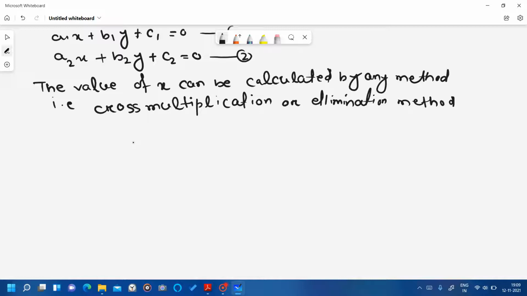Now how can we eliminate? We should first eliminate one variable. Let's first find the value of x, so we eliminate the y variable.